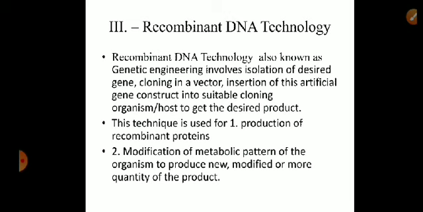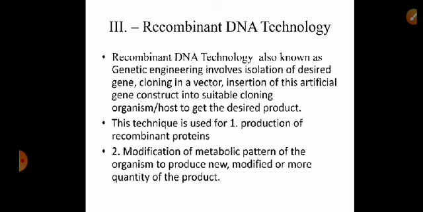The newly formed recombinant vector is inserted into a cloning or host organism, and the foreign gene is allowed to express in the host organism, and we get the desired protein product in the host organism.